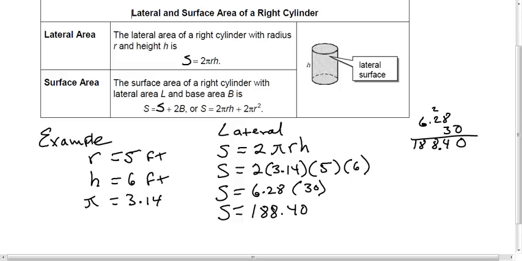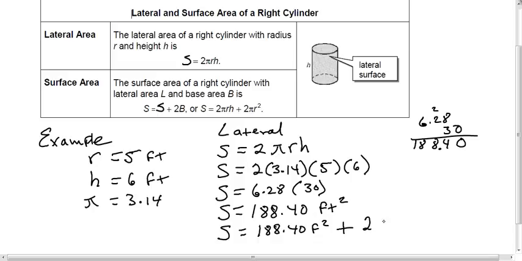So let's take a look now at our total. We found the lateral, and since we were looking at feet, this will be feet squared. For the total, the only thing we're going to do is add the lateral, 188.40 feet squared, to the area of a circle, and we're going to multiply that times 2.